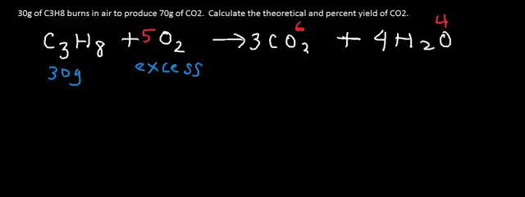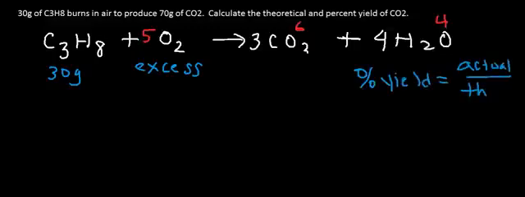Now, the equation for percent yield is the actual yield divided by the theoretical yield times 100%. So you need to know the difference between the actual and the theoretical yield. The theoretical yield is what you calculate. It's the maximum amount of product that you can get.